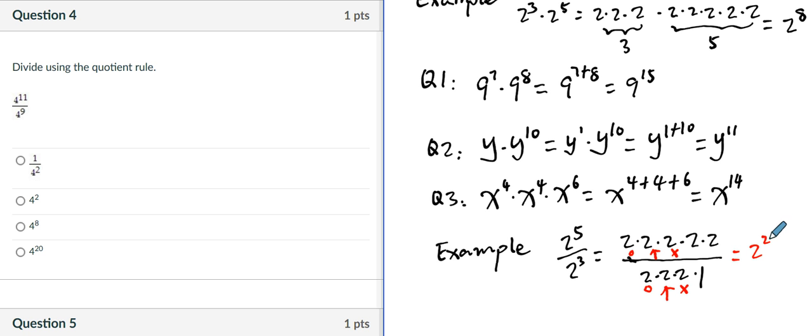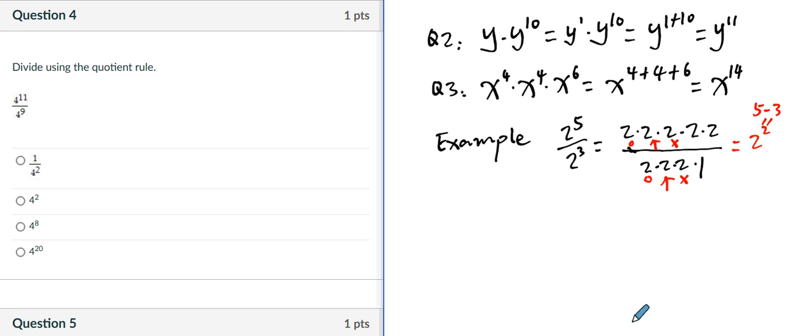So this is basically 5 minus 3, which is 2. Okay? So for the division, really what you do is the subtraction for the exponent.